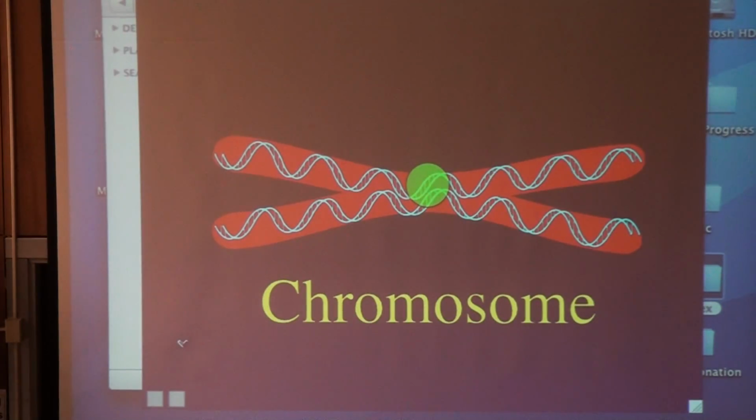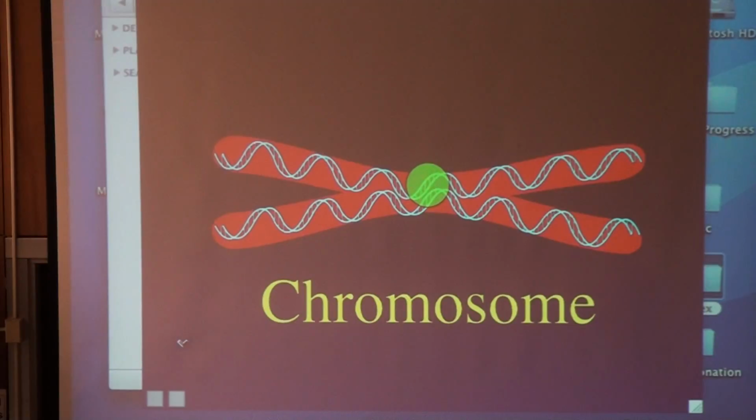And so notice what's happened to each chromosome. The chromosome went from having one chromatid, one big piece of double-stranded DNA, to having 2 chromatids, 2 pieces of double-stranded DNA. They're both still attached to the same original centromere. That hasn't changed. But you've gone from 1 chromatid to 2 chromatids. And the new chromatid, this one right down here, is an exact photocopy of the original chromatid it had.